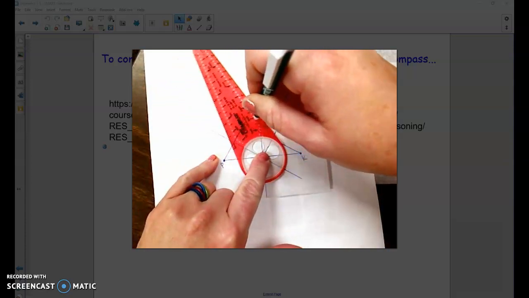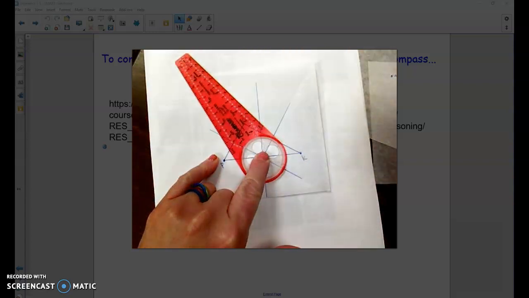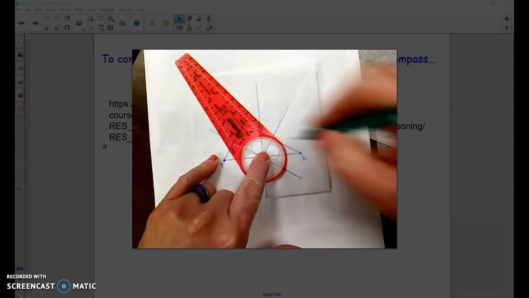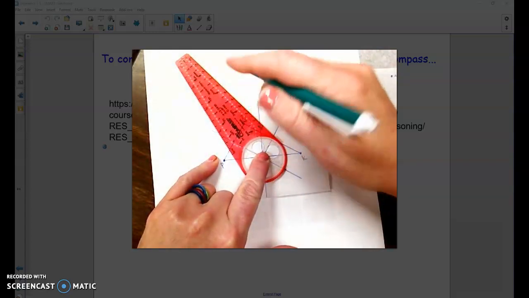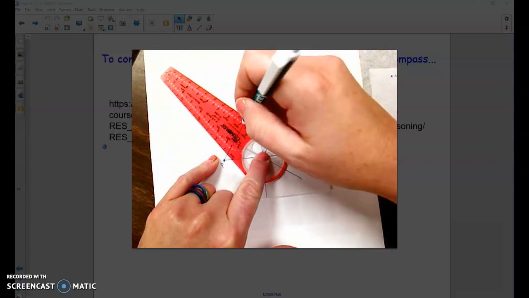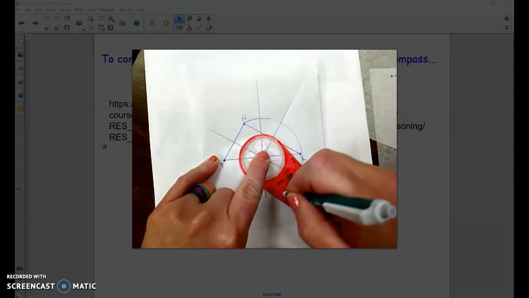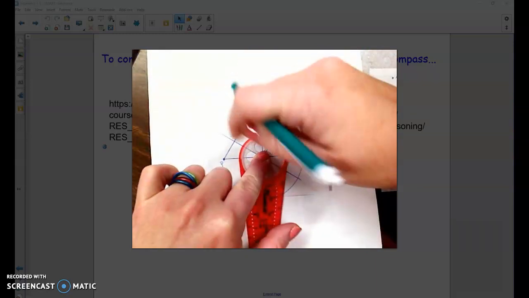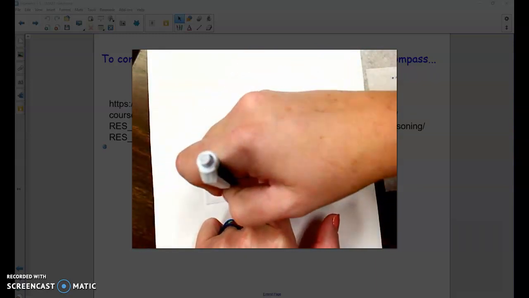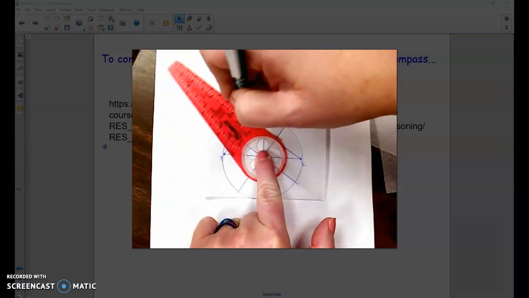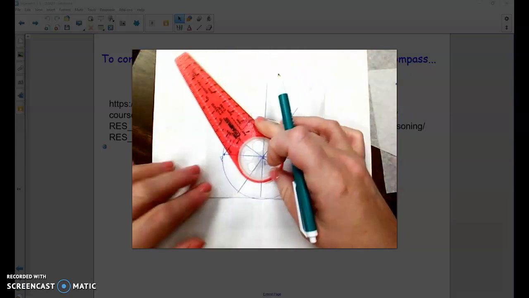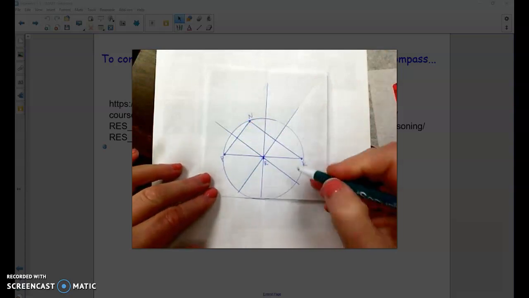I'm going to do my best to get this to write on my patty paper with the pen. Let's see which one I was using, this one. And keep this as still as possible. I did kind of move my hand a little bit, but you can see the gist of that. It wasn't perfect.